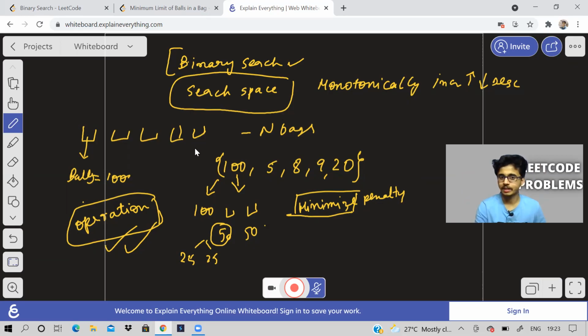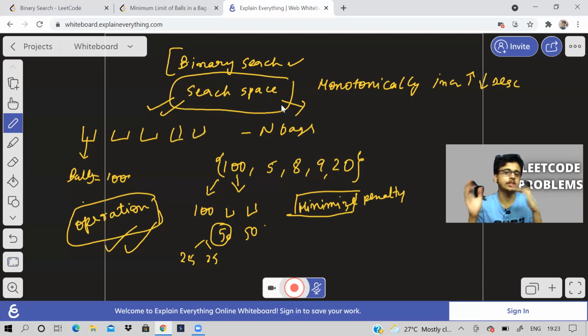But actually, are we searching for that, or can we conclude that we only go with penalty? See, we can't directly say that our search space is the penalty. We can take penalty as the answer, of course, but our search space will be something like the maximum number of balls in a bag, which is basically the penalty only, right?